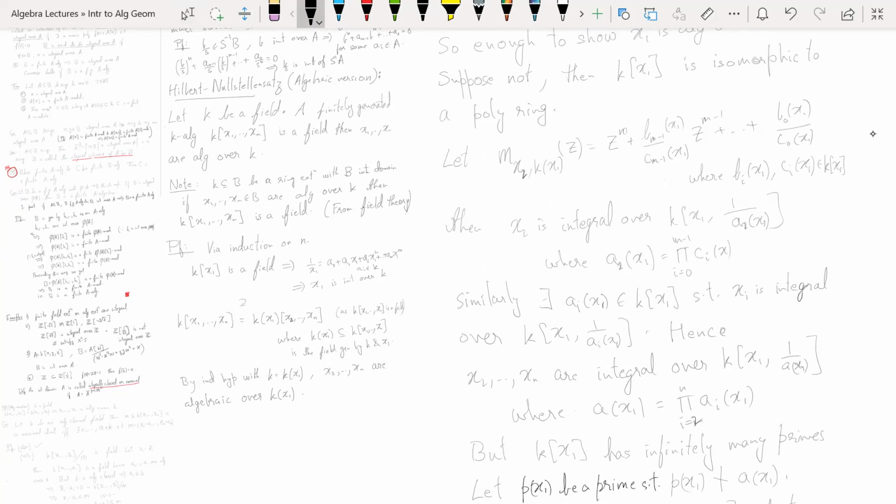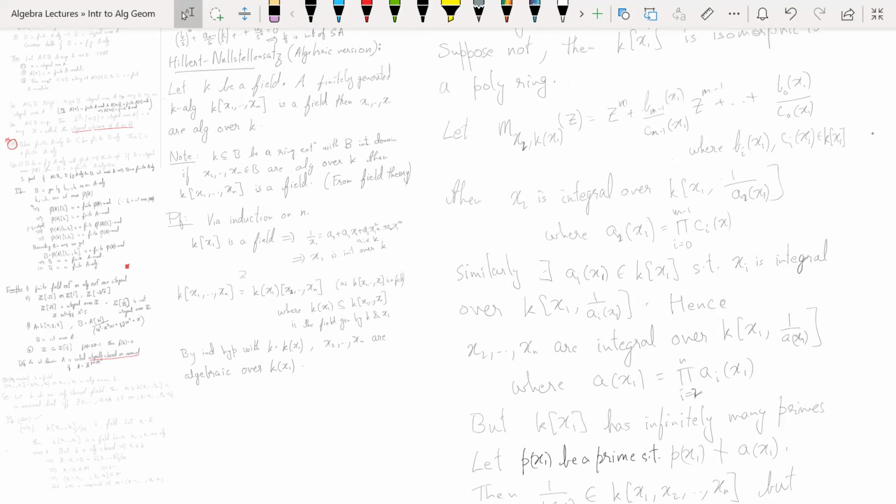It's just shorthand. What is important is that we are inverting something, only finitely many of them. But inverting finitely many and inverting one is the same, because we can just take the product of those we want to invert.